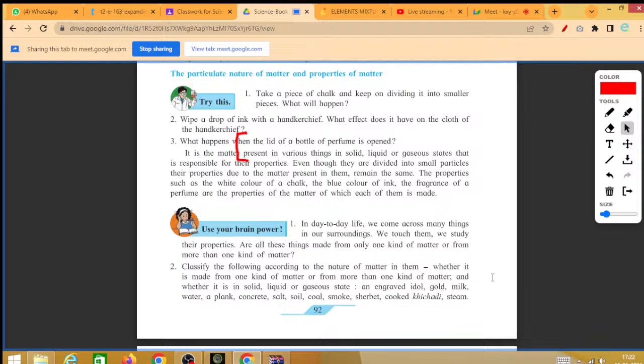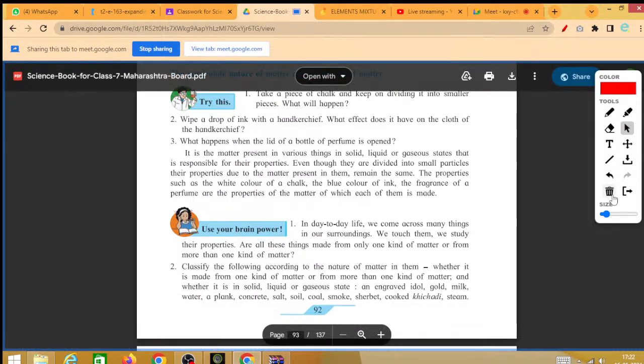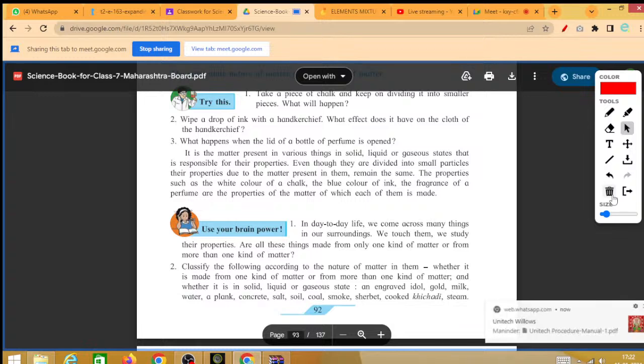Did you understand what the question is? So all these things, are they made of only one kind of matter or different types of matter? Of course different. कुछ liquids हैं, कुछ solids हैं, कुछ gases हैं, कुछ mixtures हैं, कुछ compounds हैं, right?